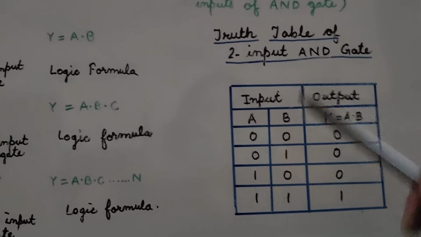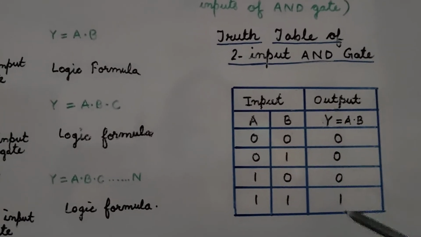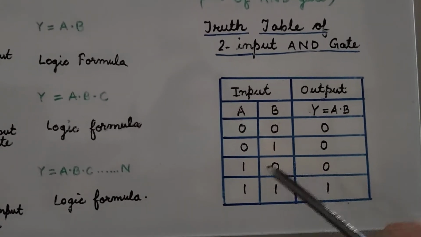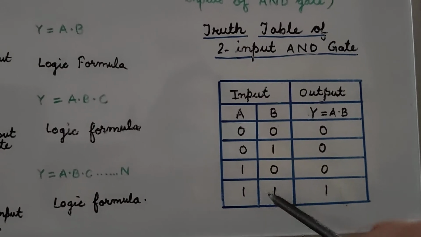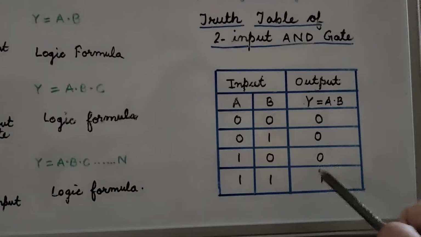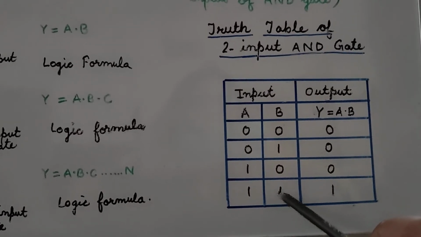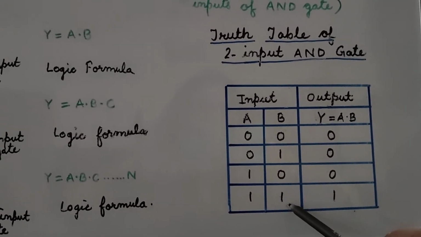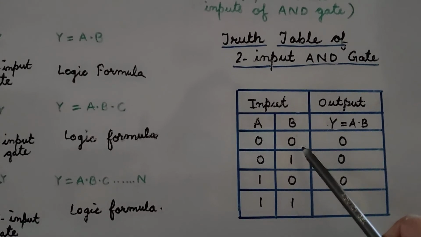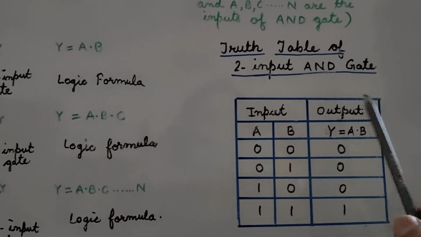From this truth table, we find that the output is high only when all the inputs are high, or we can say that the value of the output will be 1 only when all the inputs are 1. Similarly, we can draw the truth table of 3 input AND gate.